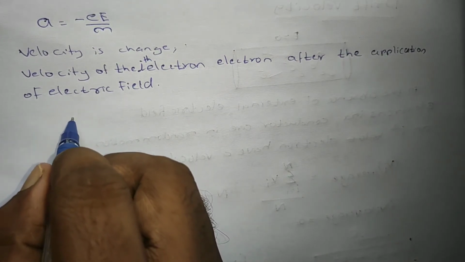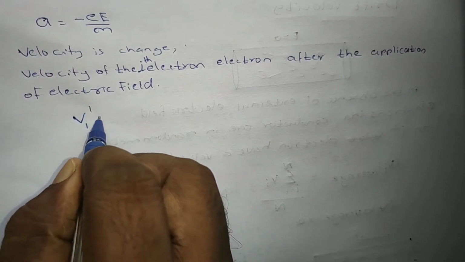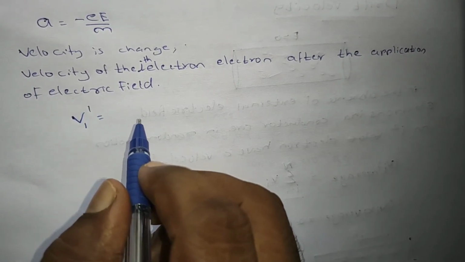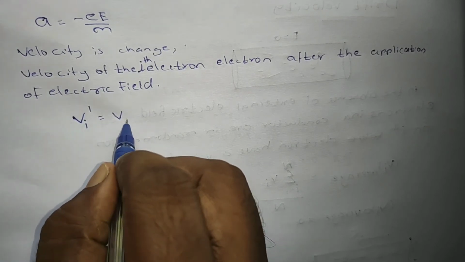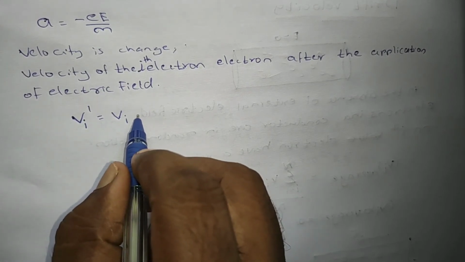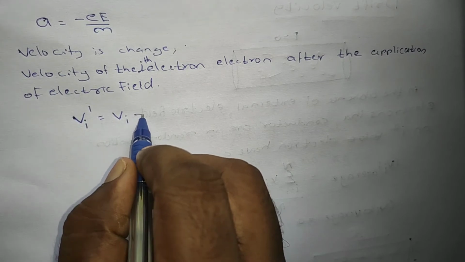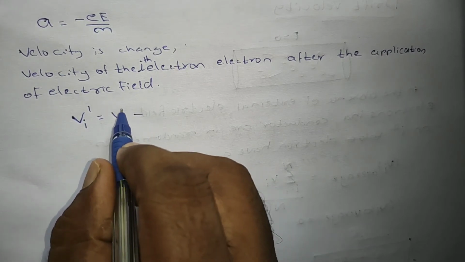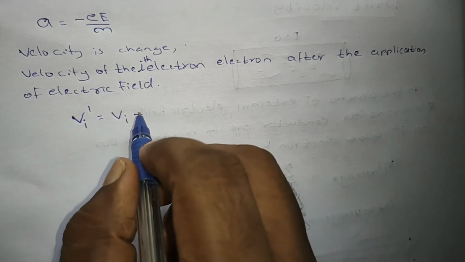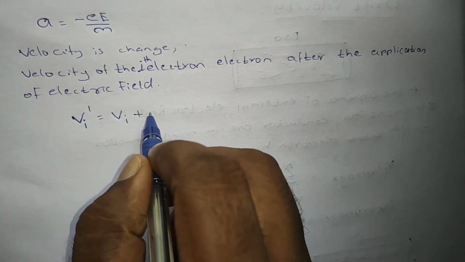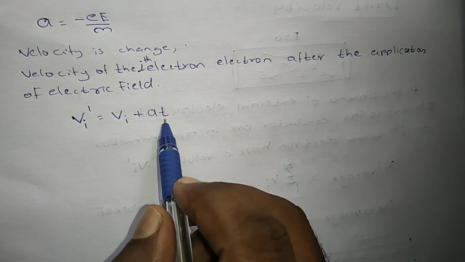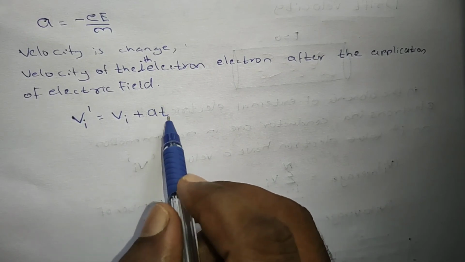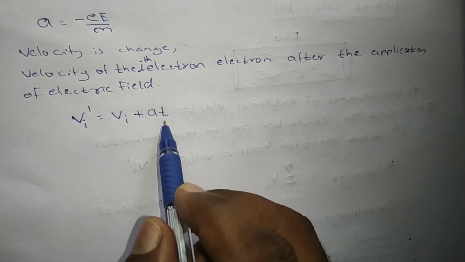Now it is changed to vi dash, because v is equal to u plus at. Here u is the initial velocity, and the acceleration is a, acting for a time t. What is t? It is the time for which this acceleration is acting.